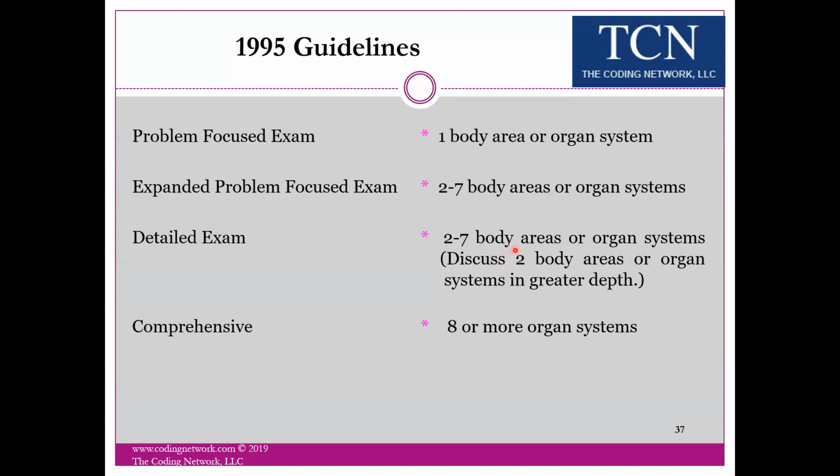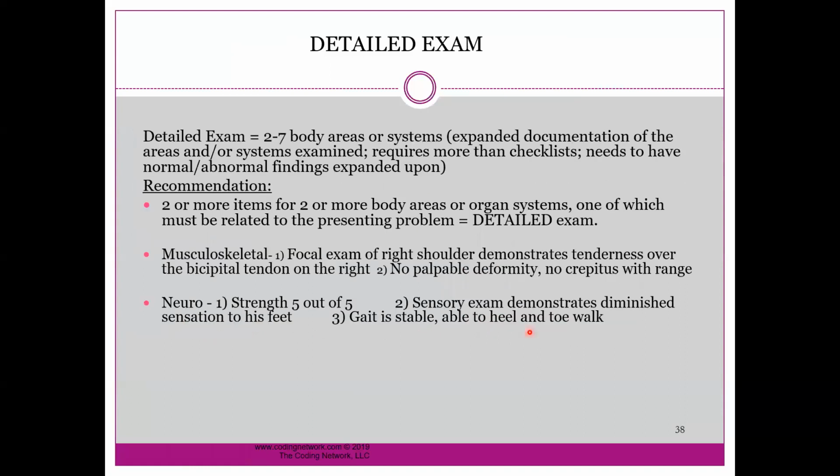Well, the definitions are pretty similar, with the detailed exam just discussing 2 body areas or organ systems in greater depth. So they each require at least 2 to 7. So I'm going to go into a little bit more information on what a detailed exam would look like. And then keep in mind your comprehensive, you need 8 or more of the organ systems documented.